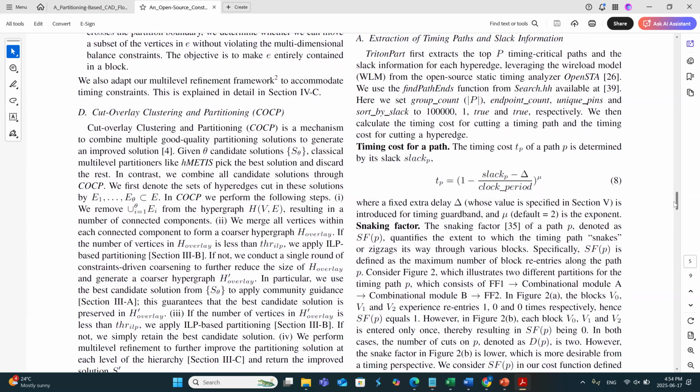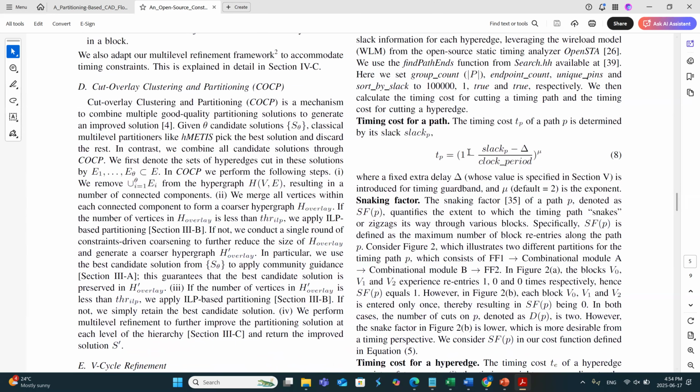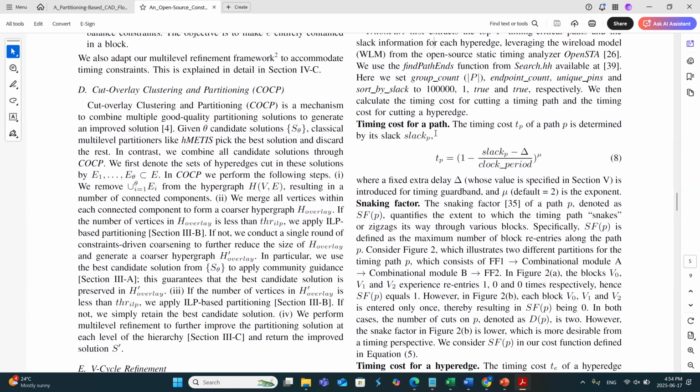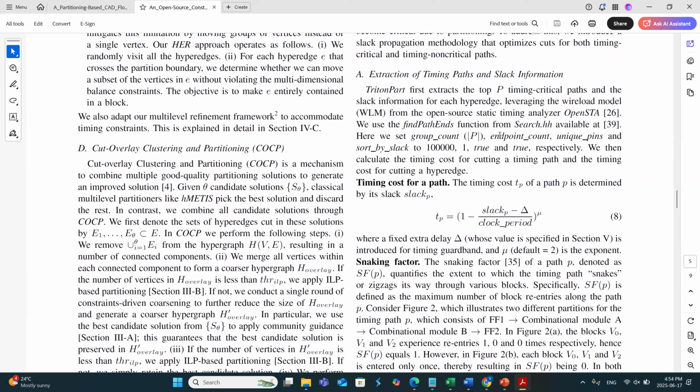Yeah. Okay, so this is a little more information on timing. This is their edge weighting, or timing cost of a path. Basically, this is a criticality formulation. They did a timing analysis using OpenSTA. They said they just used its wire load model. So that probably means OpenSTA doesn't really know what they're doing with partitioning.